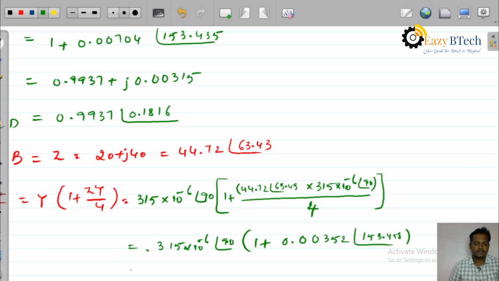After calculating this, we get the value is 314.01 into 10 power minus 6 at an angle 90.0905.